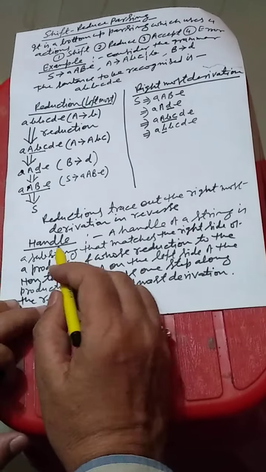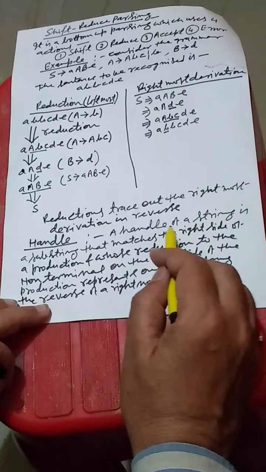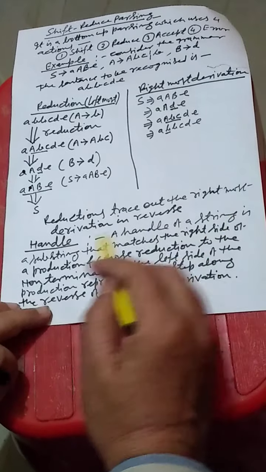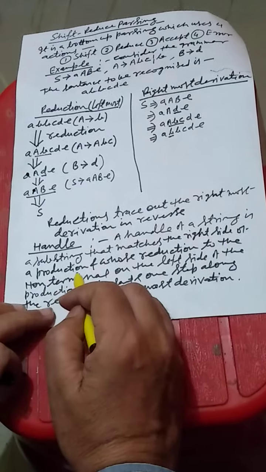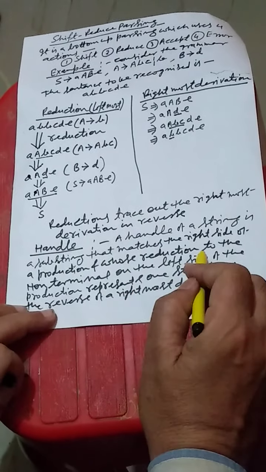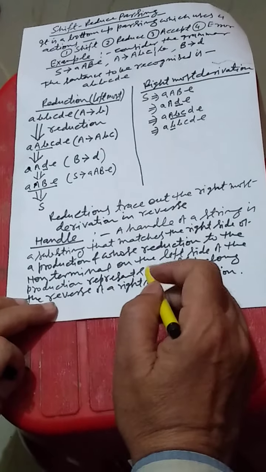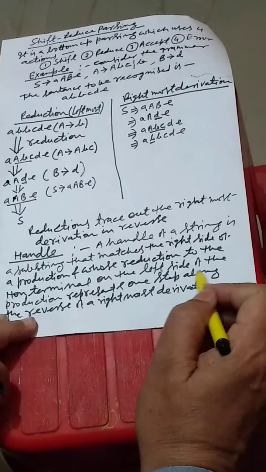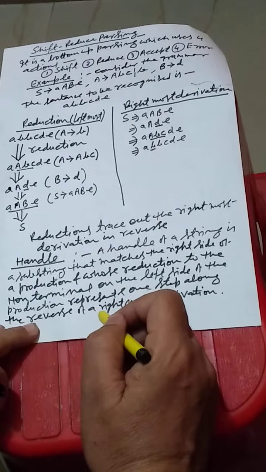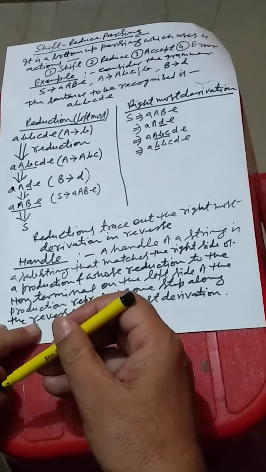Next I have to explain the handle. A handle of a string is a substring that matches the right side of a production and whose reduction to the non-terminal on the left side of the production represents one step along the reverse of a rightmost derivation.